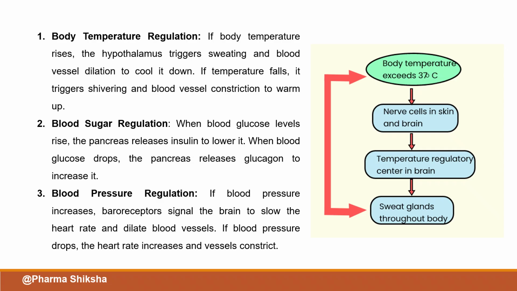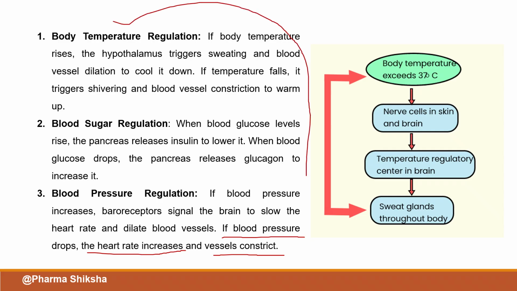If the blood pressure increases, the baroreceptors will detect it and send the signal to the brain. So it slows the heart rate and causes vasodilation. And if the blood pressure is dropping, the heart rate increases and the vessels constrict. So these are the three examples of the negative feedback mechanism.